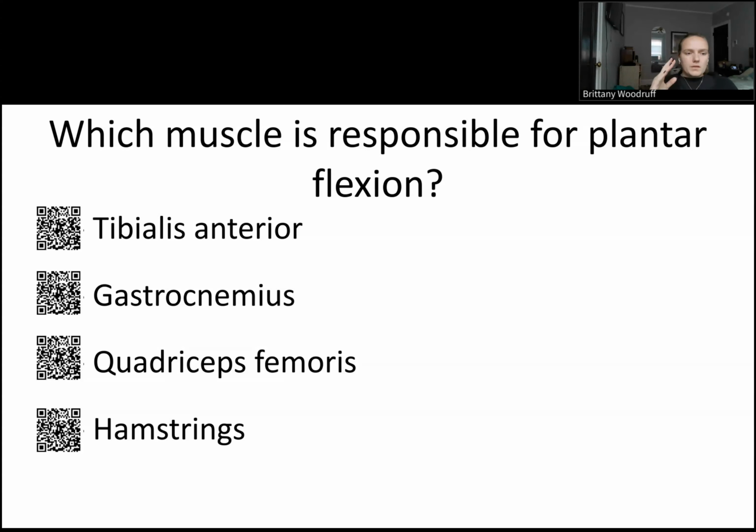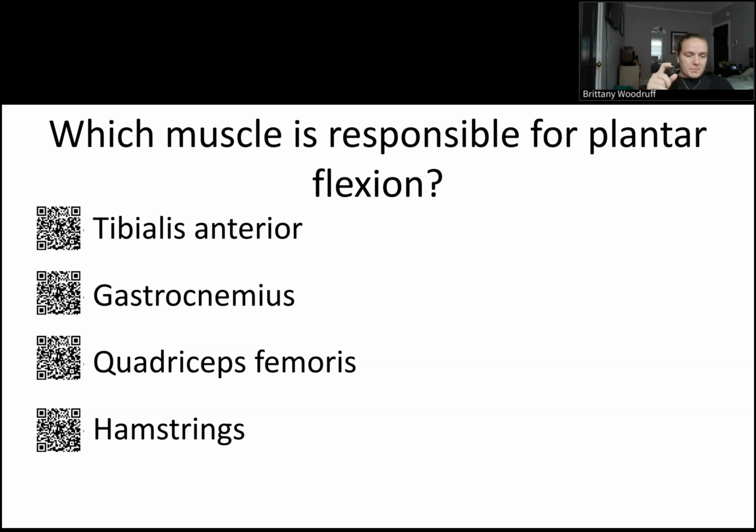Right. Okay, so we're divided between tibialis anterior and gastrocnemius, which is good because both of those are found in the lower leg, right? That tells me that you guys are at least thinking, okay, it's a muscle in the lower leg, which is good. Now, tibialis anterior, it says in the name, it's on the anterior aspect of the leg, right?